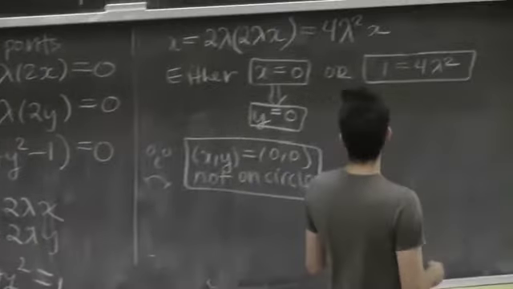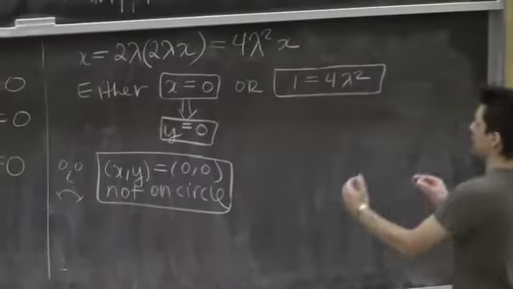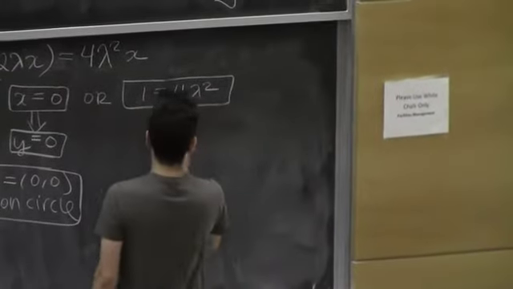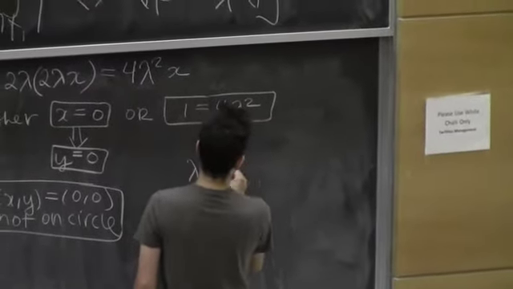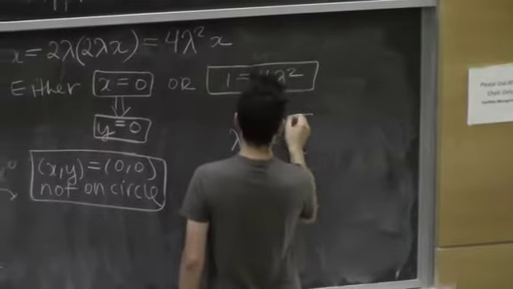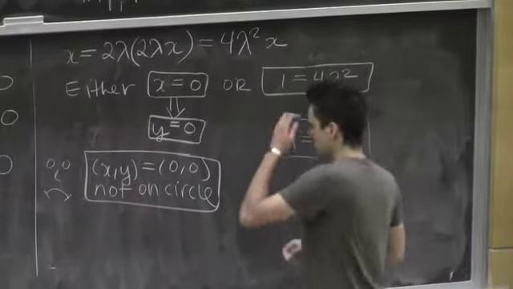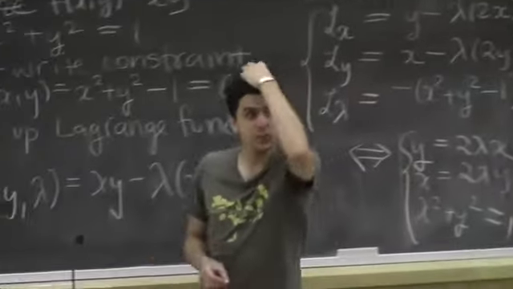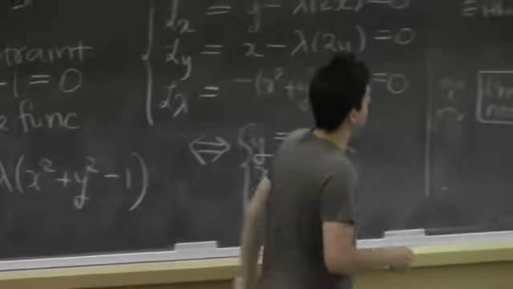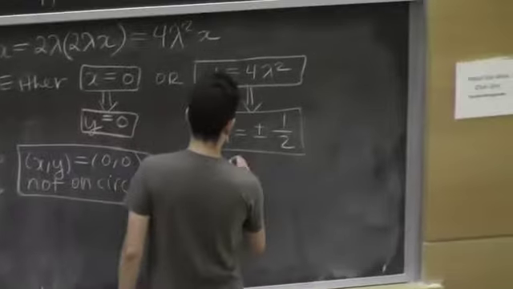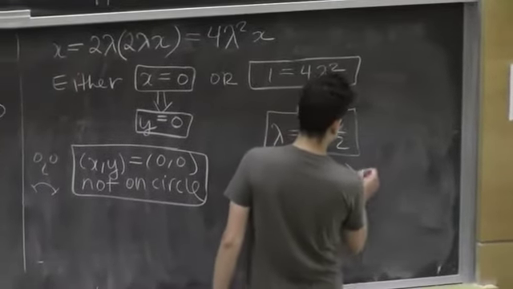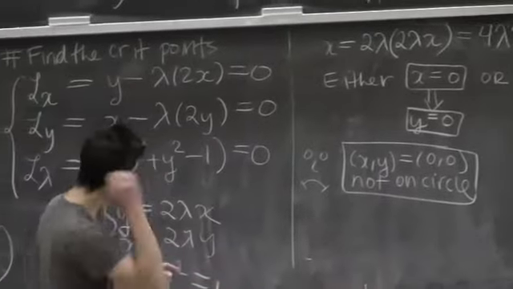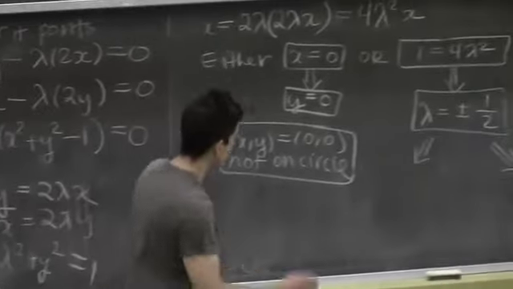So let's work with this side of the equation. That tells us lambda is plus or minus a half. So going this way, we can split into two cases. We can split into the case where lambda is negative a half.